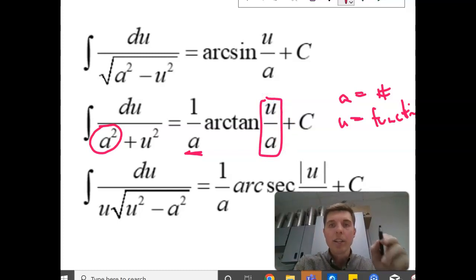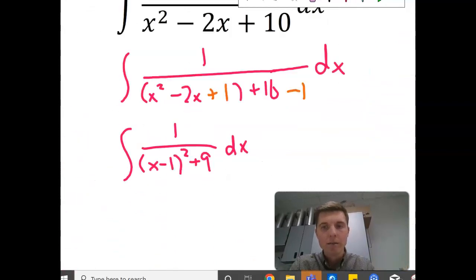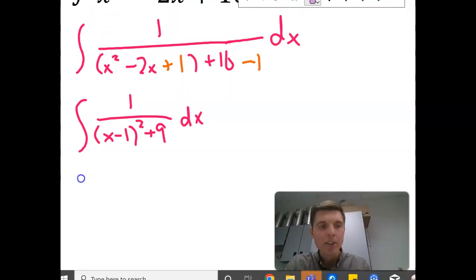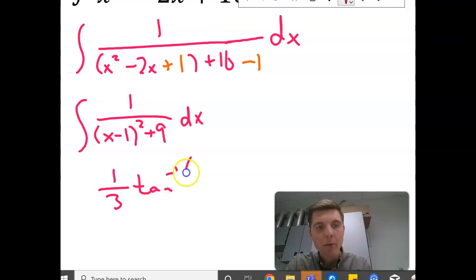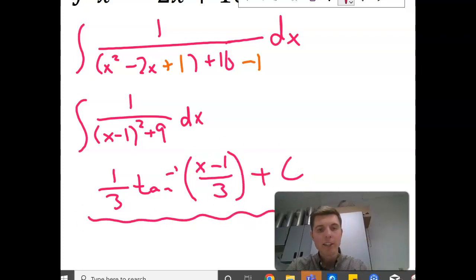So the result here is 1 over 3 times either tangent inverse or arctangent, either one's okay, of x minus 1 over 3 plus c. This is our final answer.